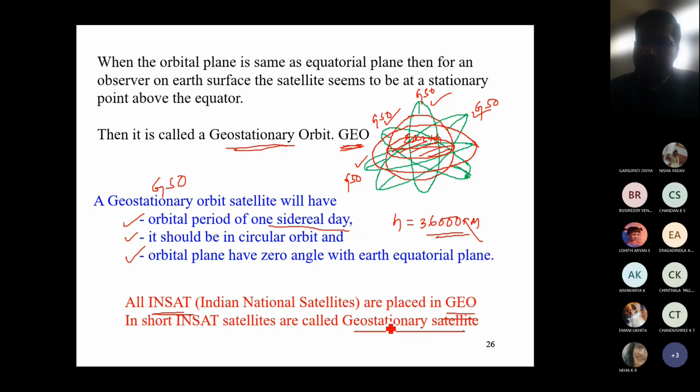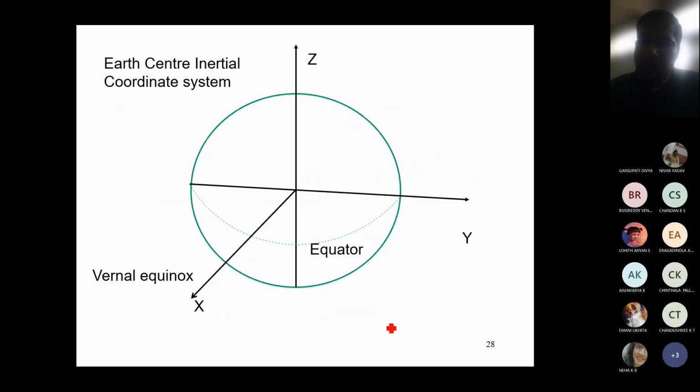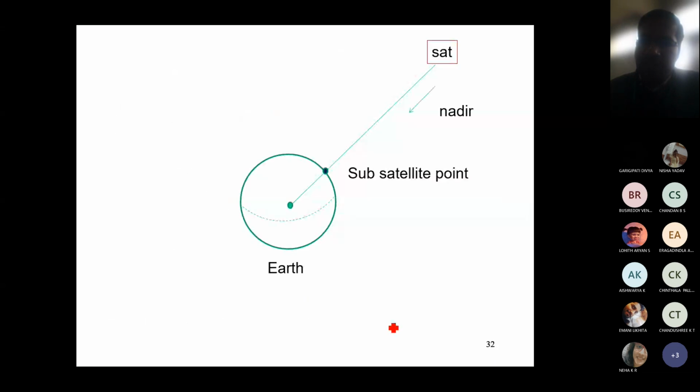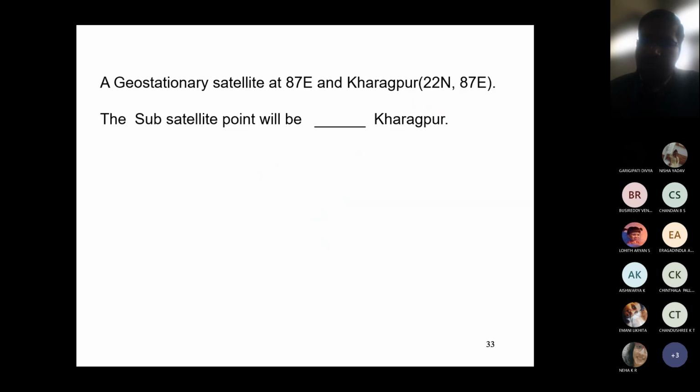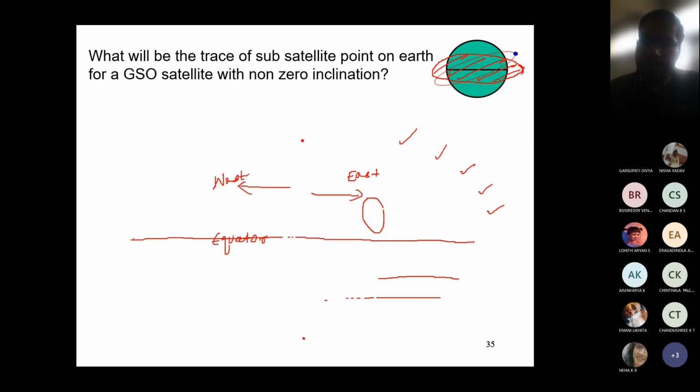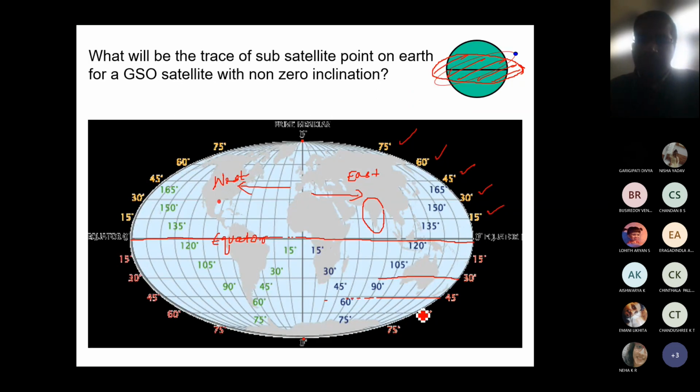Now, if we go back to that image of the Earth, as I have said, all INSAT satellites are rotating in GEO orbit. GEO orbit means the orbit is on the equator, like this.